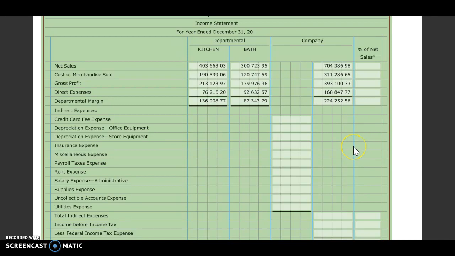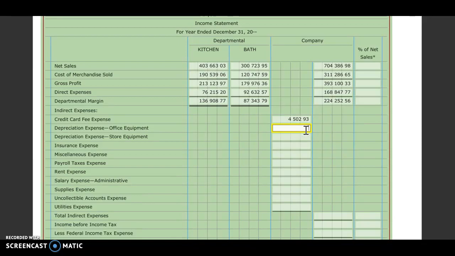Okay, so now we're looking at our indirect expenses. To get our indirect expenses, we're going to go to our adjusted trial balance from 4.1. I'm going to go to my expenses section on there, which is on the second page. Okay, I'm starting with my credit card fee expense, which is $4,502.93.